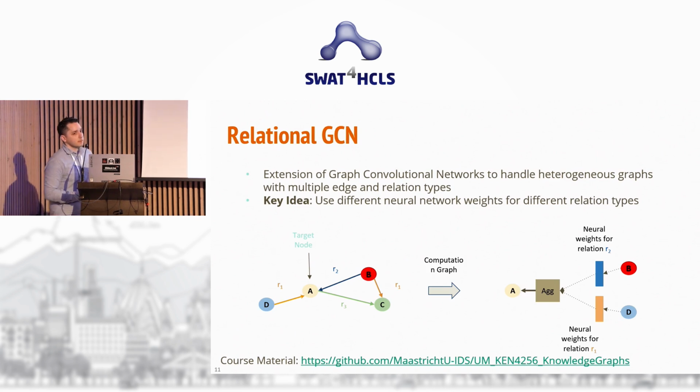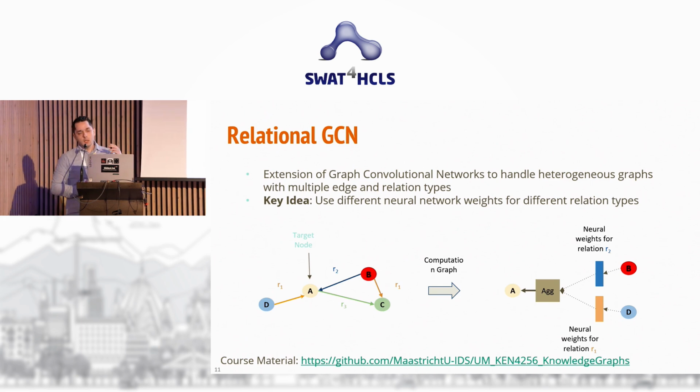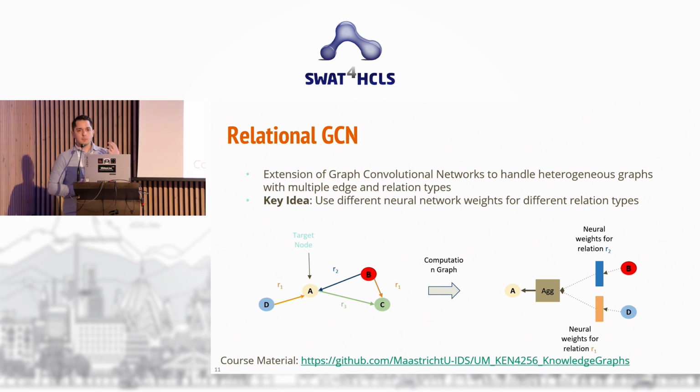The last thing about the relational GCN: everything I spoke about, these R-GCNs basically respect the heterogeneity of graphs, as I just mentioned, where the message passing between neighbor nodes is done per relation type.